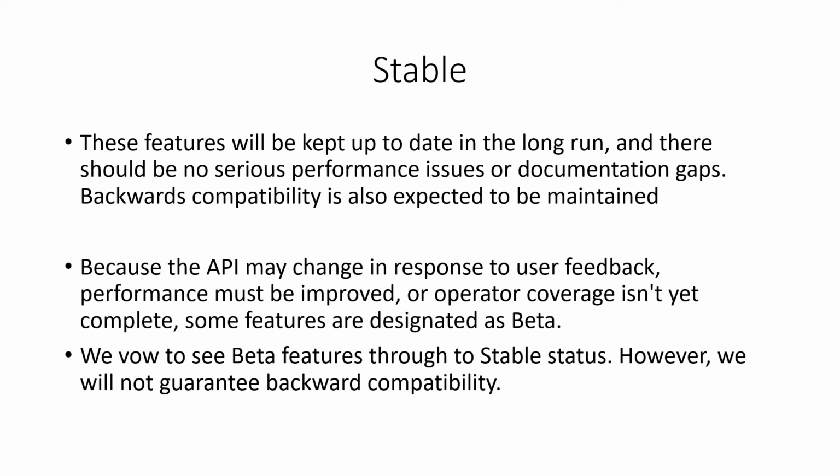It relates to docs that are not 100% clear about the ideas. Doc patterns are also happily accepted because of that, and one more reason is that the API may change in response to user feedback, performance must be improved, or operator coverage is held, completely some features are designed as beta.